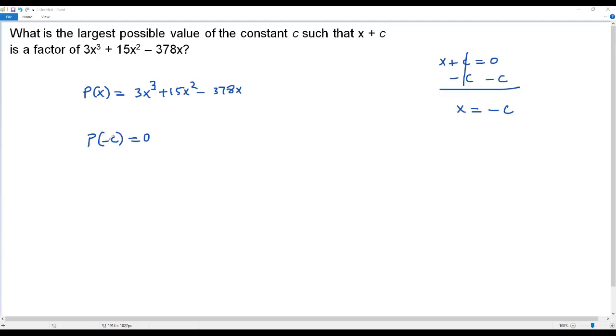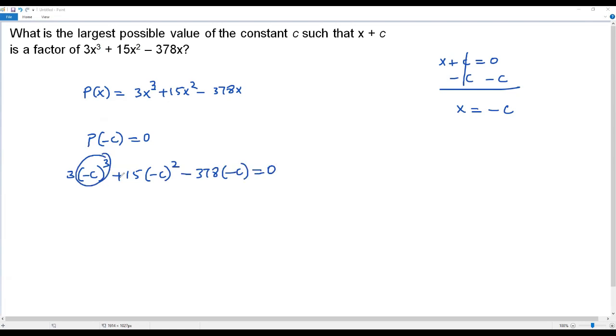So now I plug in −c for x in this polynomial. I get 3 times (−c)³ + 15 times (−c)² − 378 times (−c) = 0.